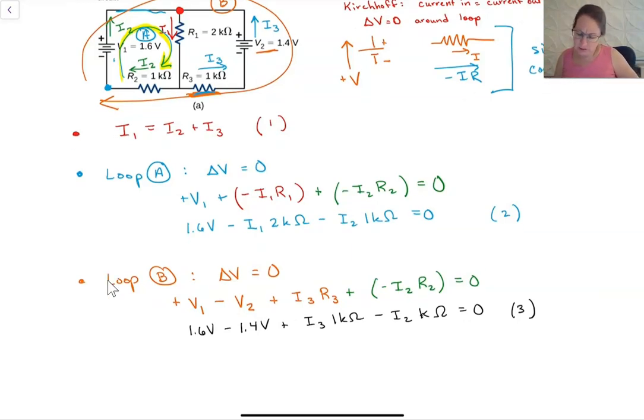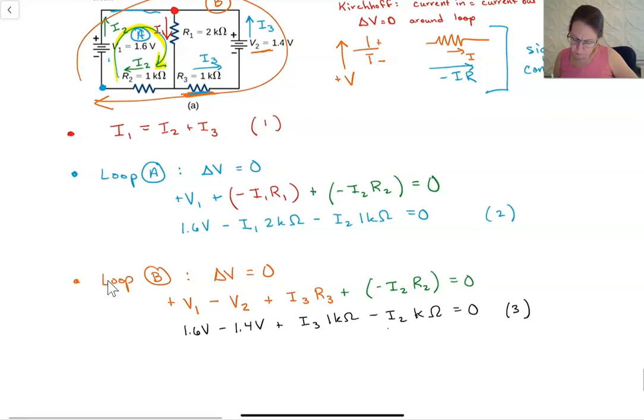And so what I'm going to do is look at my equation 1. My approach to this, although there are lots of approaches, is to substitute into equation 1 and be left with one of the currents. So I look at what current is showing up in all of my expressions, and it looks like I've got an I2 here and an I2 here. So I want to keep the I2.